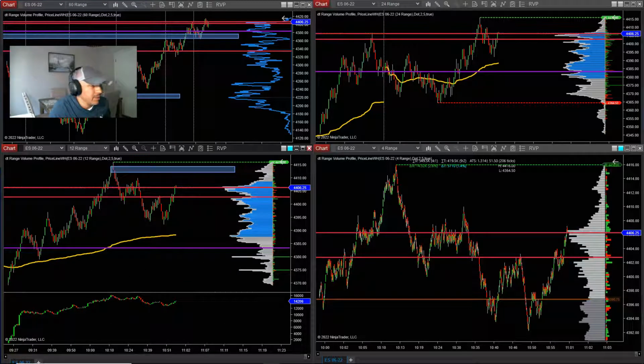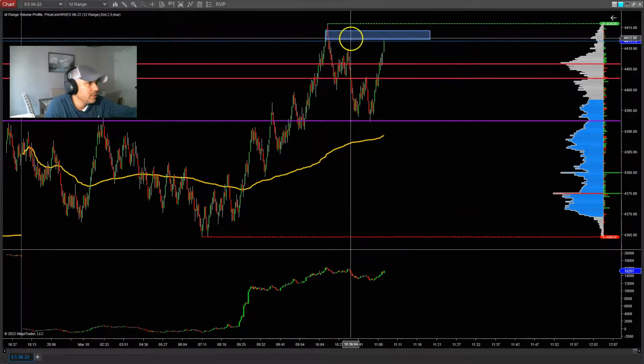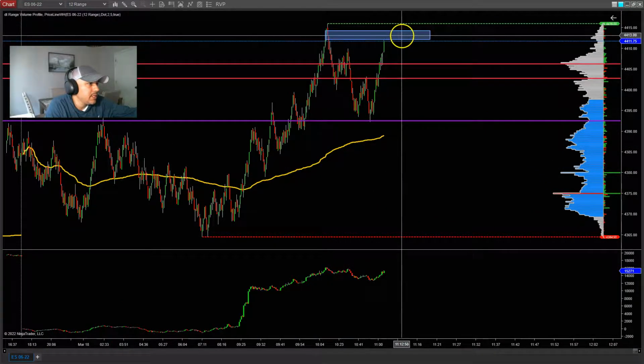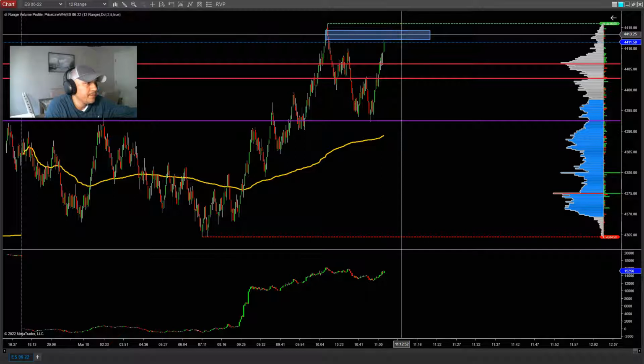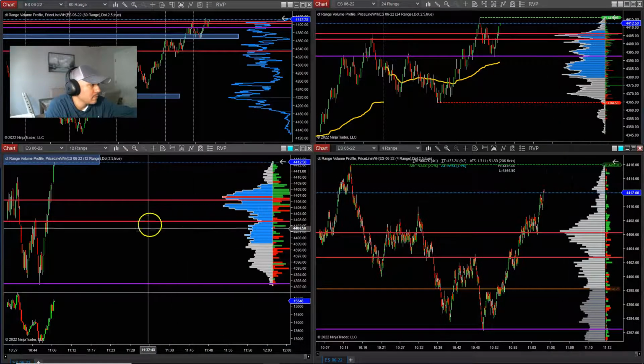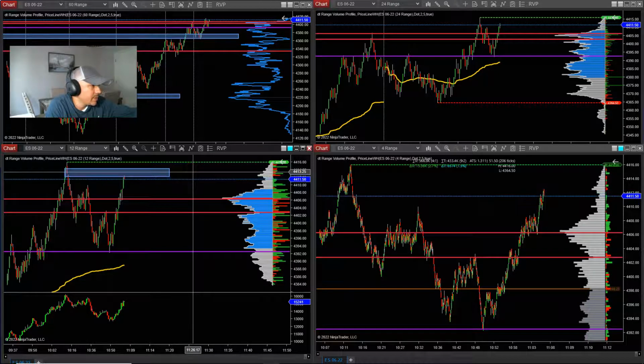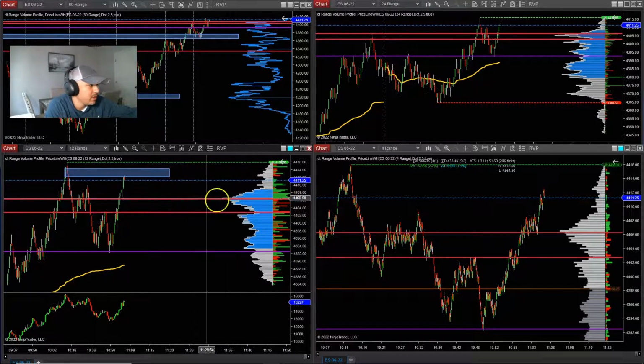Let's see, maybe I can get into a little short here. Okay, so the market is, I want to see it come back up and test a little bit higher. Okay, it's almost there. A few ticks away. I really want to see it come back into 44.13 and a quarter.